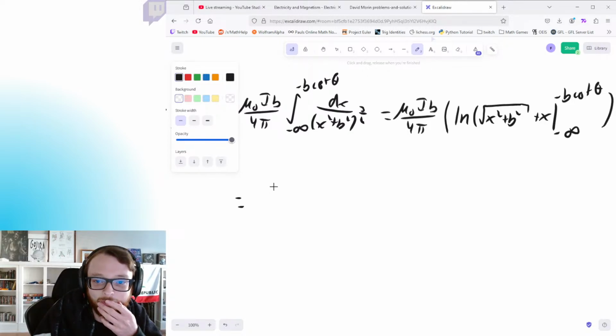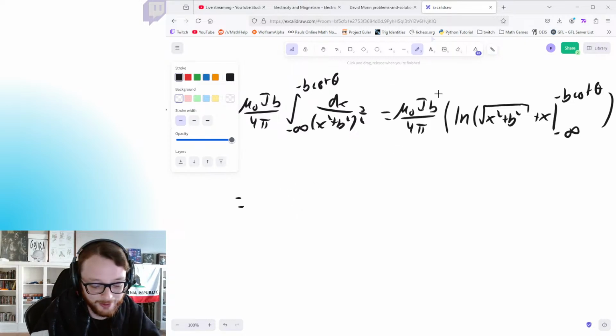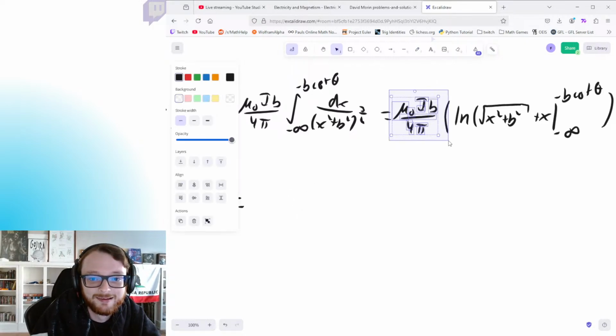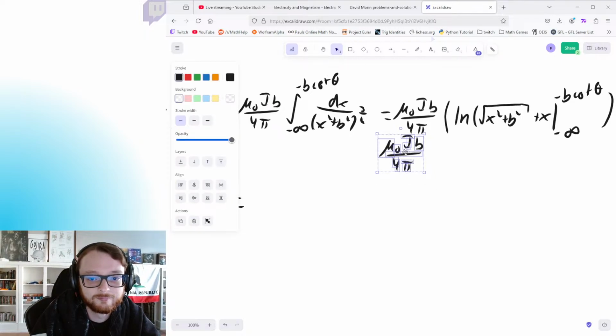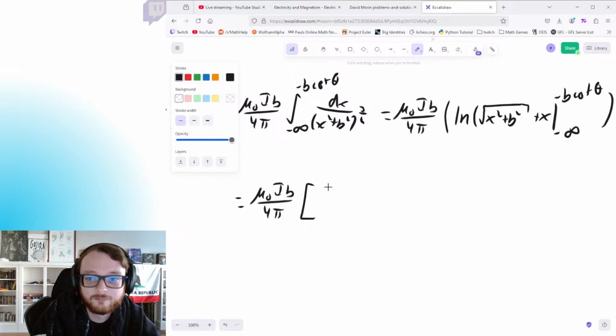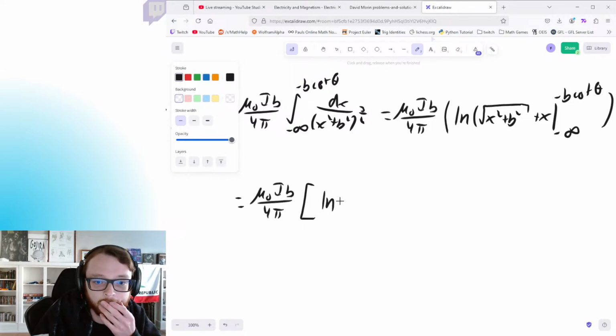This seems like an annoying limit to do for the second part of the limit here. First bit, we can just plug in.